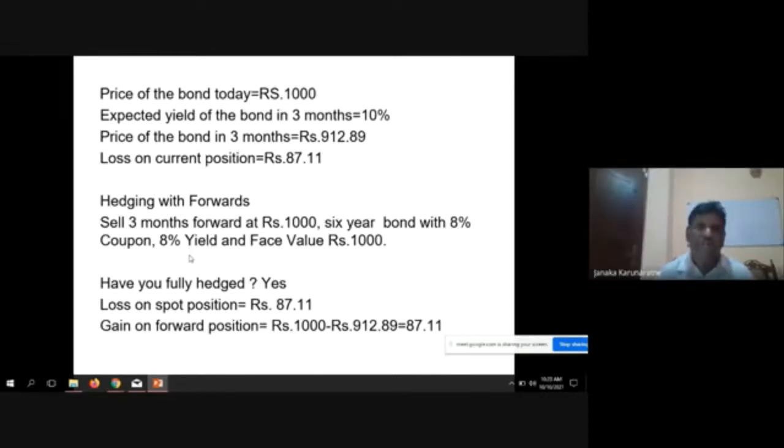We can look for an option, which we'll discuss later. We can go for a put option. But there is a premium you need to pay. So you can think about a put option. We will look at those later when we come to options.